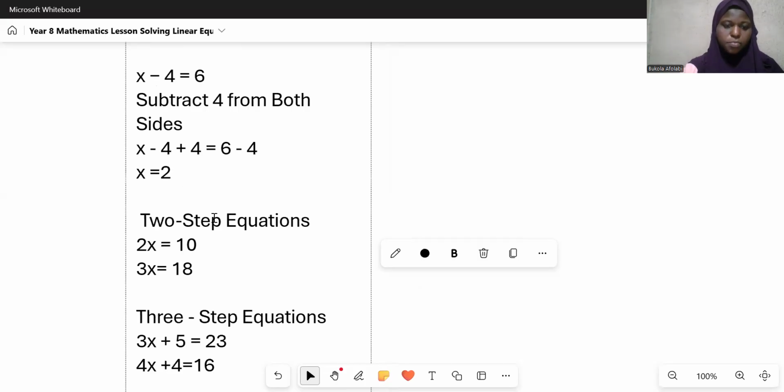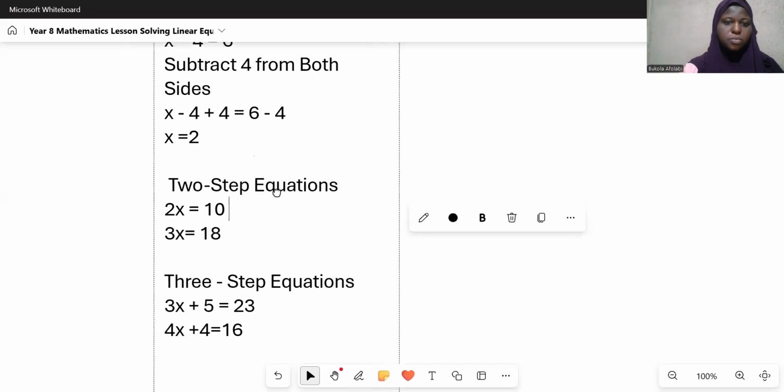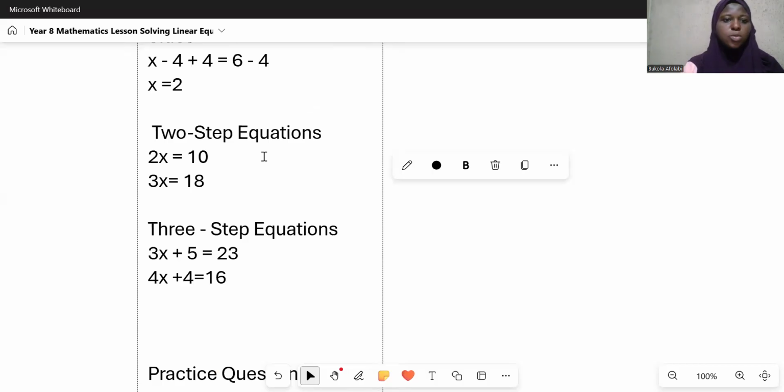Two-step equations. So this is a bit different from what we've been doing.